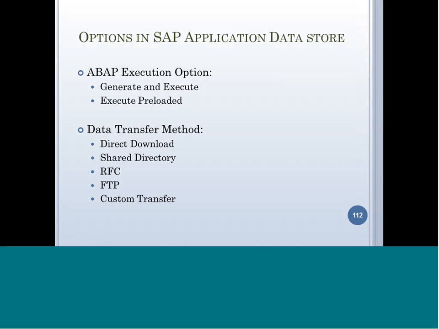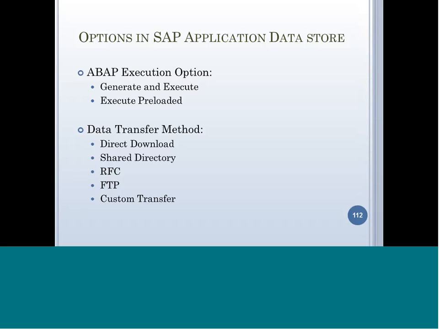That is called generate and execute: generate an ABAP code in SAP BODS, then execute it on the SAP system or database. That is what the ABAP execution option says. We also have a second option called execute preloaded. What is meant by execute preloaded, we will see.